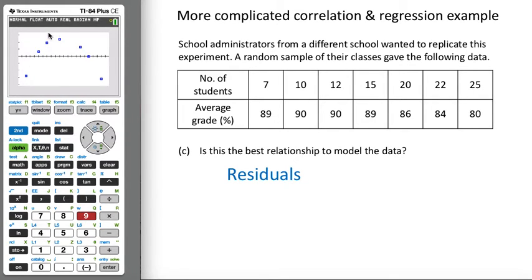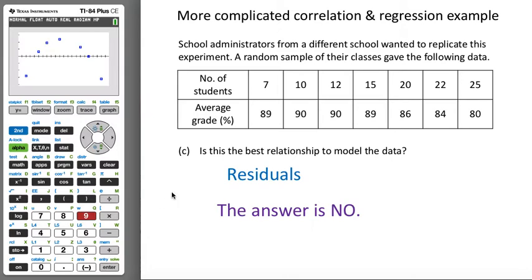Now, because our residuals follow quite a distinct pattern, we can say that the linear is not the best model. So the answer is no. Okay, what is? You can have a discussion about that, quadratic, quartic, cubic, but because there is a distinct pattern in these residuals, linear is not the way to go.